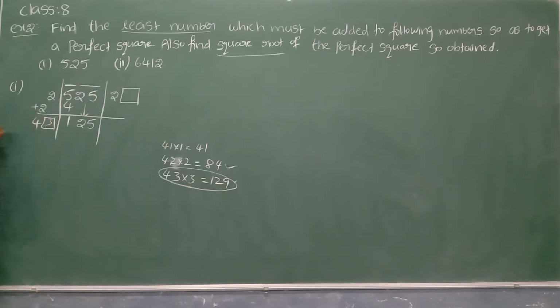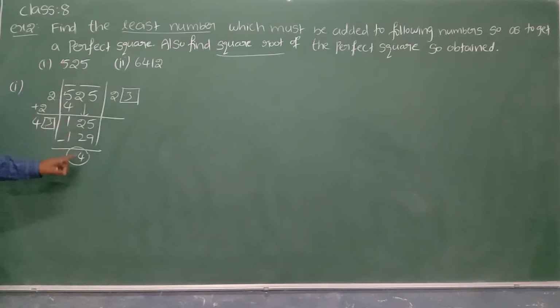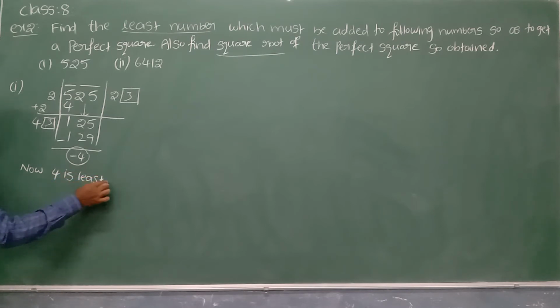So let me keep here 3, even here also 3. 43 into 3 is how much? 129. Yes. 125 minus 129 is minus 4. Now tell me, what is the least number we can add to the given number? 4 we can add. Yes. Now 4 is the least number.